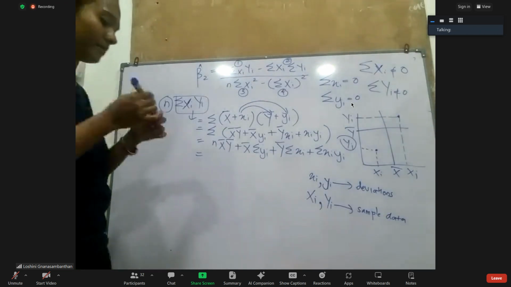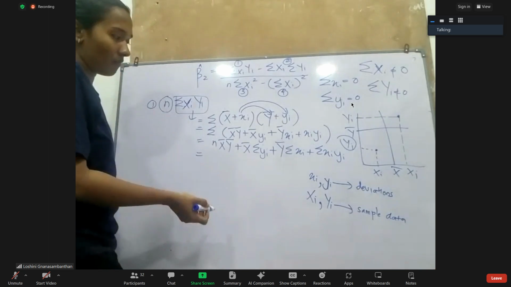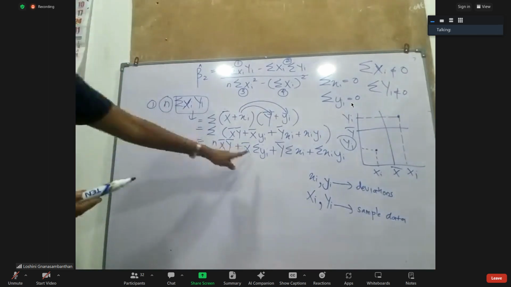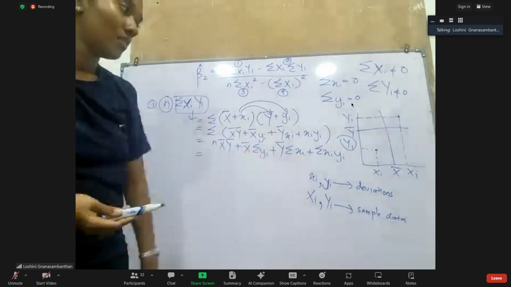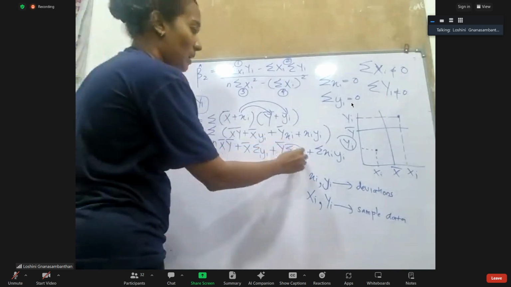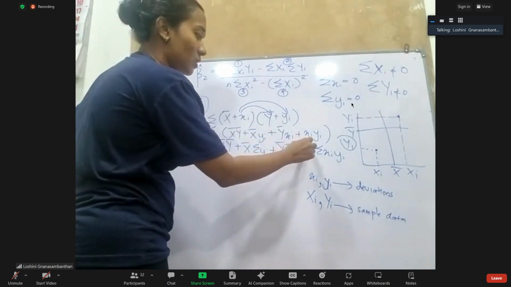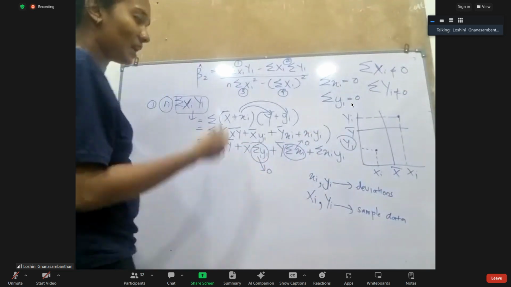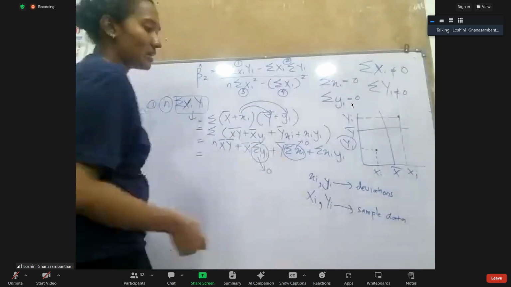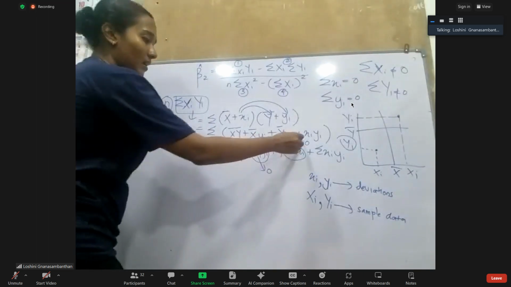Okay, so what happens? Wherever you see a sigma yi and a sigma xi, then you can put them as zero. Now this will generate a zero. This will generate a zero. So 0 into x bar, 0. 0 into y bar, 0. So these two cancel out.